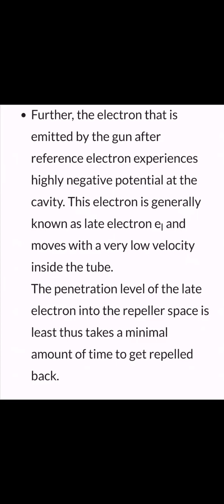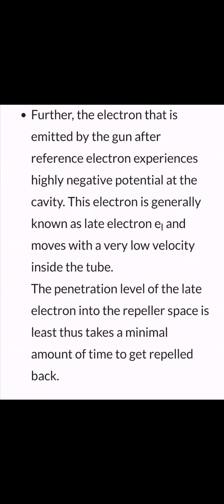Further, the electron that is emitted by the gun after the reference electron experiences a highly negative potential at the cavity. This electron is generally known as the late electron and denoted by E sub L, and moves with a very low velocity inside the tube.